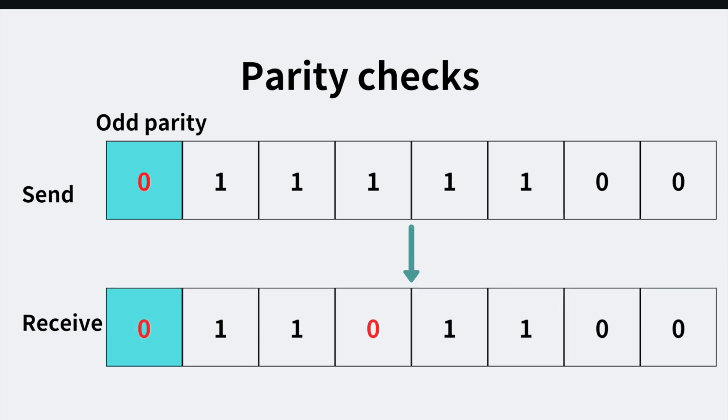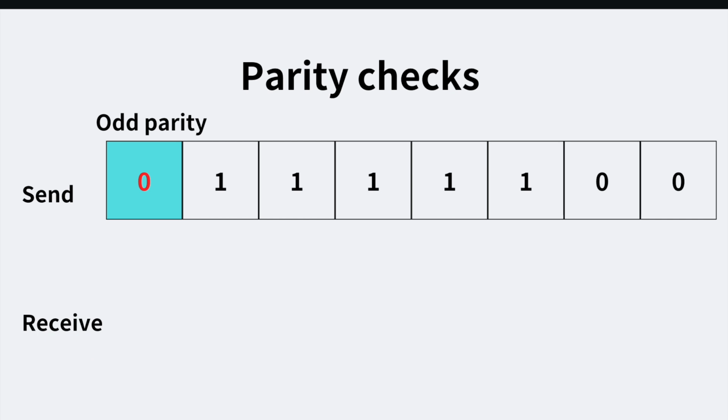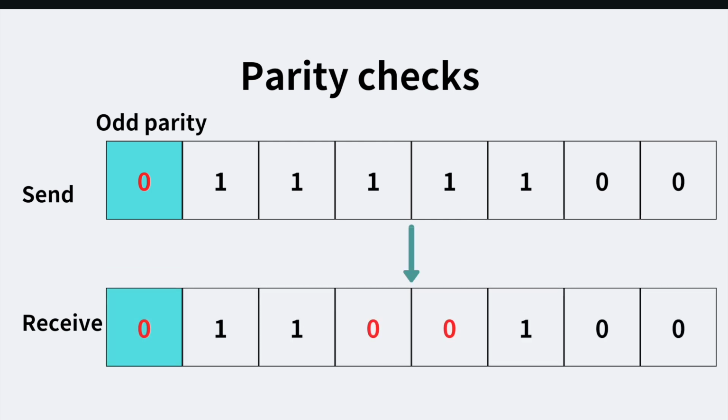However, we used the parity check, so the receiver can identify that the transmission error has occurred. However, what if there are 2 bits being changed? Then the receiver cannot identify the transmission error.